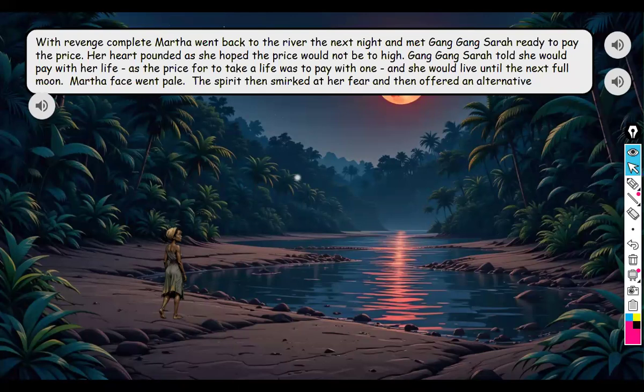You all realize Louise and John made the same deal with Gang Sarah. You can have your revenge, you can have anything you want, but in return, you have to take a life. So Martha falls into the same trap as Louise and John.